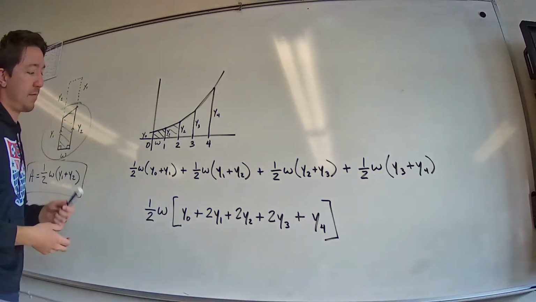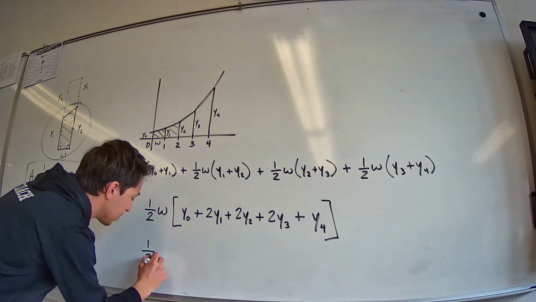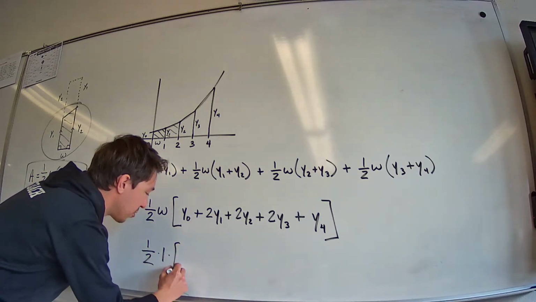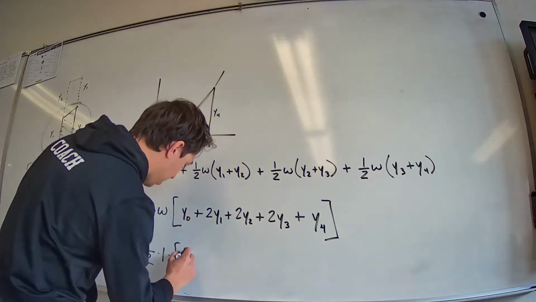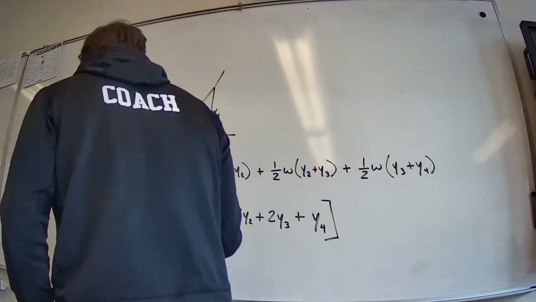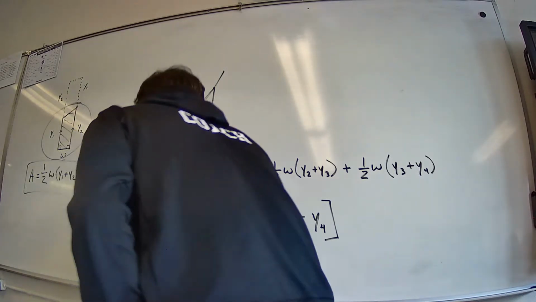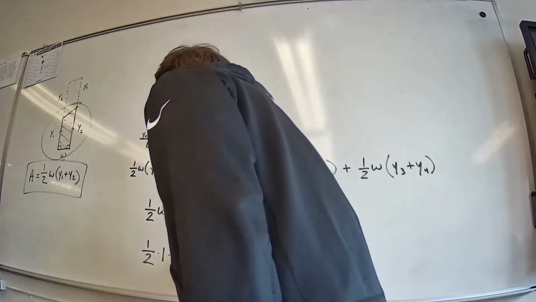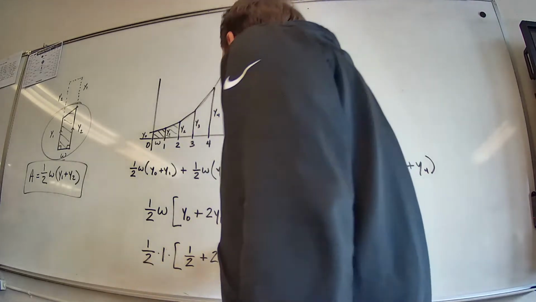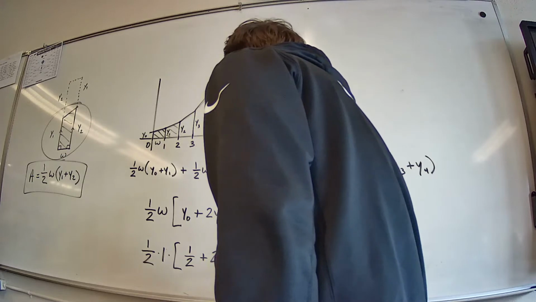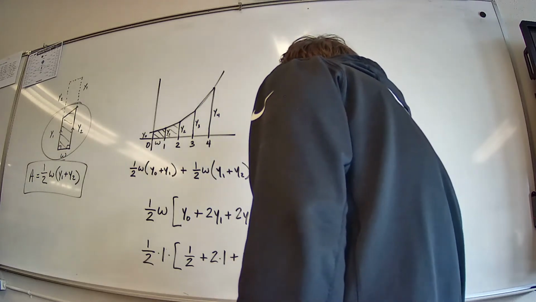So, applying it to this function, what's the width? 1. Y0 was 1/2. And then y1 was 1, so 2 times 1. And then y2 was 2, and y3 was 4, and y4 was 8.